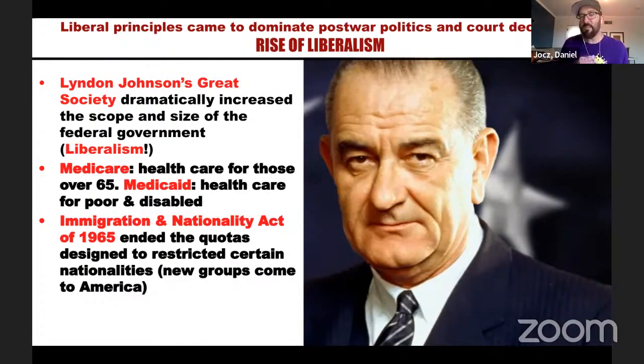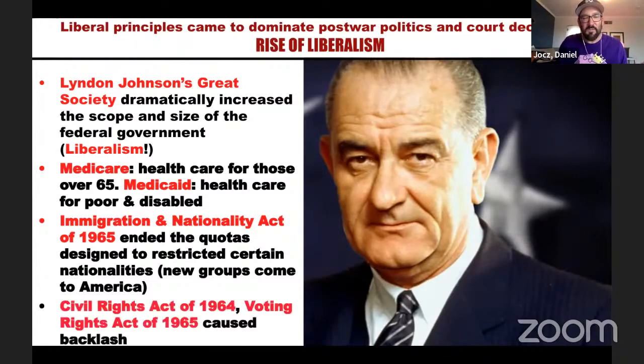Also, the Immigration and Nationality Act gets rid of the Chinese Exclusion Act. And so what this means is new groups of people are coming to the United States, people from Asia, Latin America, the Middle East, and places that were not as represented in the demographics of America prior to 1965. And so you see a lot of changes.